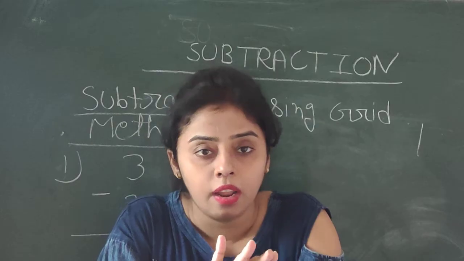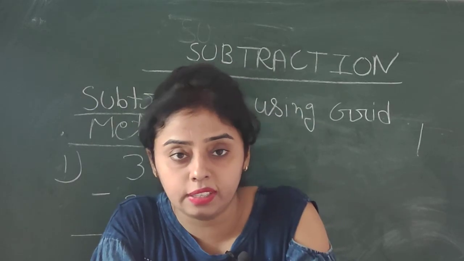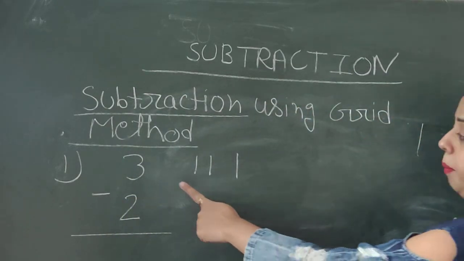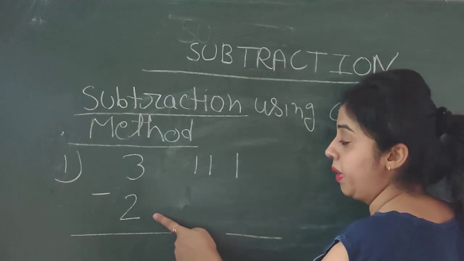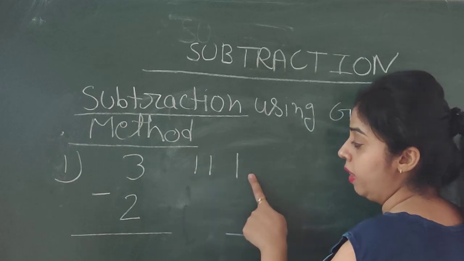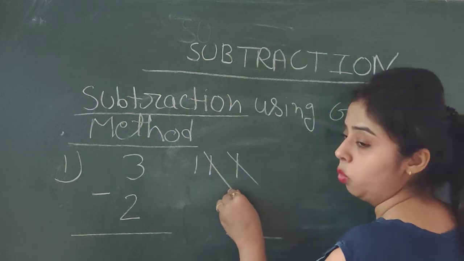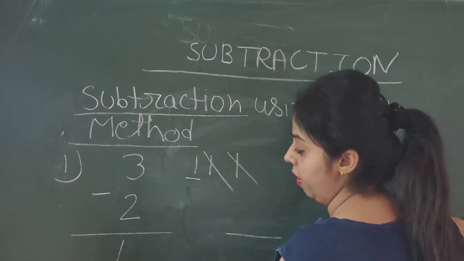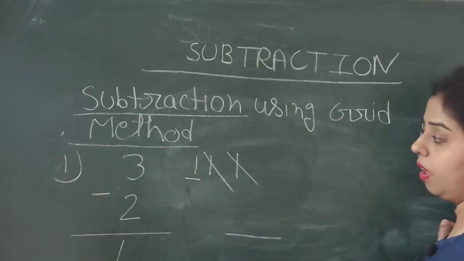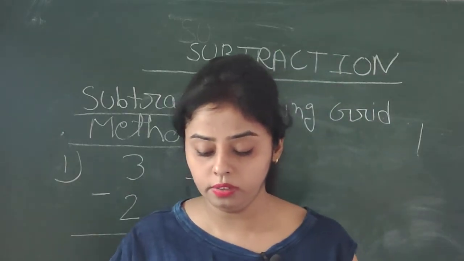Subtraction means लेस करना, माइनस करना, एक डिजिट को दूसरी डिजिट में से लेस करना. तो हमें क्या करना है? 3 में से 2 सब्ट्रैक्ट करने हैं, मतलब लेस करना है. Okay, 1, 2 and 3 and this 2. Cut 1 and cut 2. So the answer is 1. How will we write? 1. Okay. Is that clear to all of you?